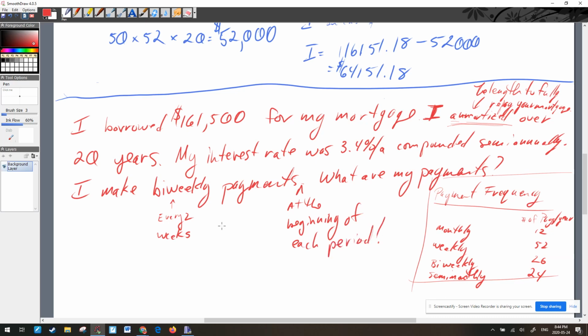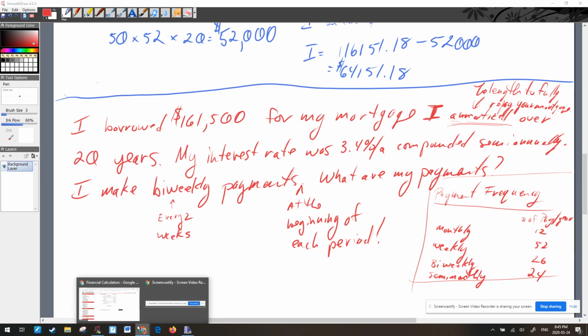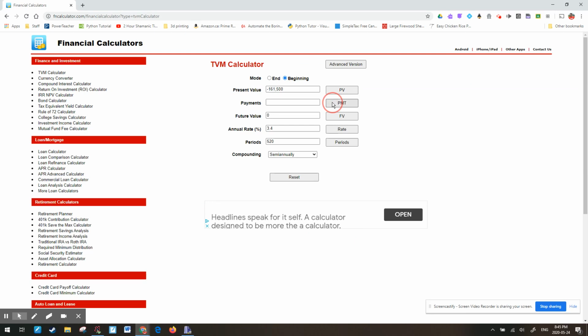So I make biweekly payments at the beginning of each period. So let's go back and figure out how much our payment is. Okay, so payment, boom. So I've made a mistake. There's no way that that is the right amount for the payment.